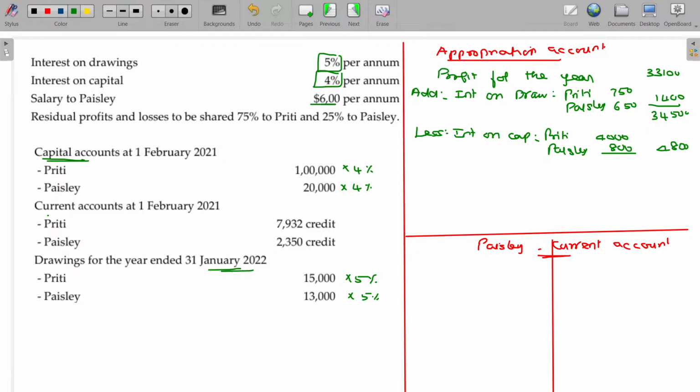The next one being salary payable. Salary is for Paisley only. Okay, Paisley. The value being 6,000. That's all.